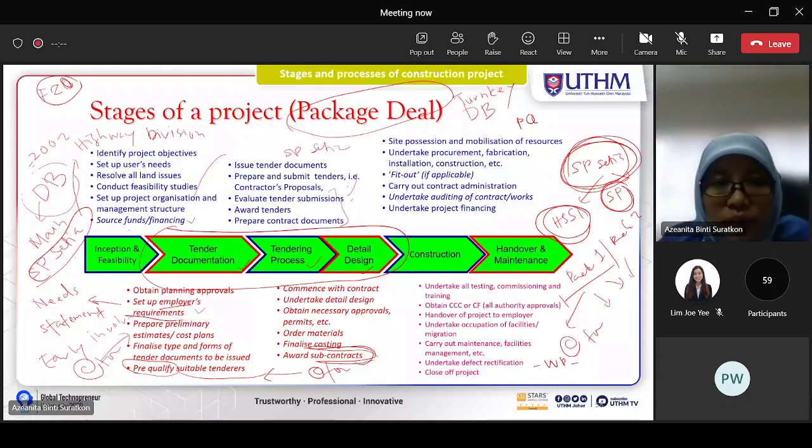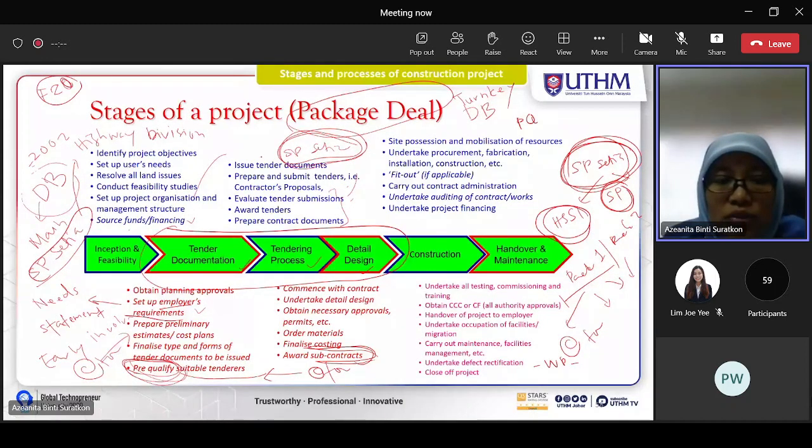Here as well, the client can do the same, to select before SP Setia is selected, maybe other contractors also join. So actually the client also can do this, right?